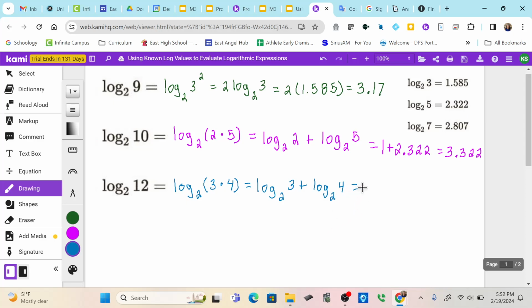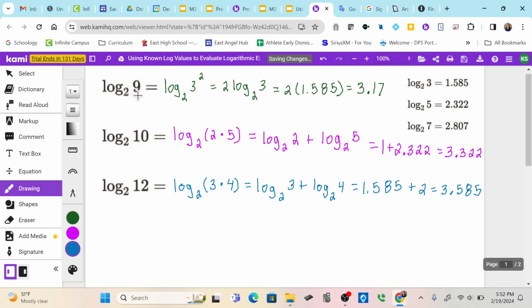Log base 2 of 3 we've used is 1.585. 2 to the second power gives me 4, so the value of log base 2 of 4 is 2. And now I have these 2 values that I can add together, and I will have 3.585.